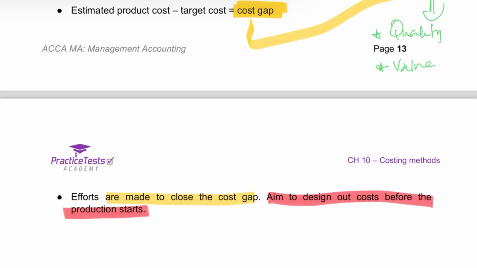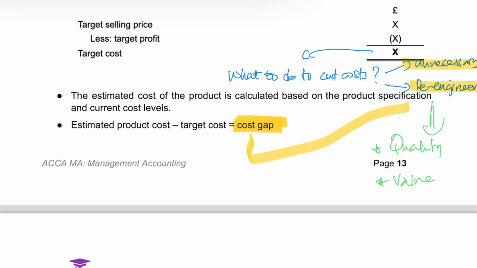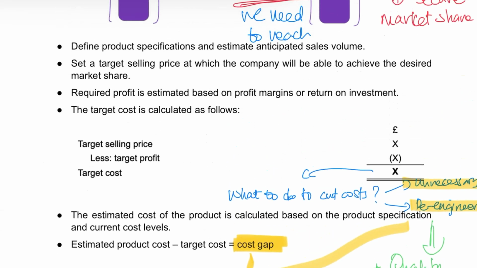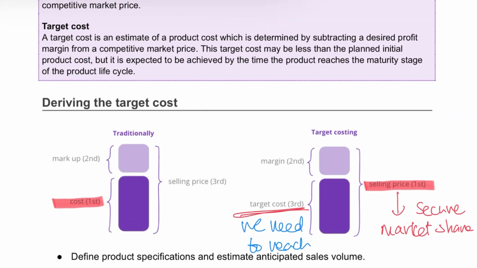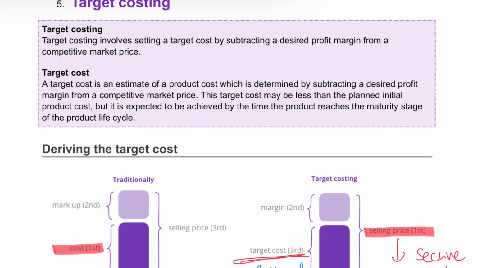So, this is where before beginning to produce, we make changes in design so that we can meet this target cost. Changes may be re-engineering the product, removing unnecessary features to meet the target cost. So that's a simple gist of target cost.